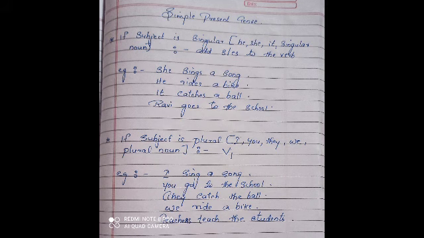Subject plus V1, and if the subject is singular, add s or es to the verb. The singular subjects are he, she, it, singular noun. And if the subject is plural, we don't add s or es to the verb. We simply write the first form of the verb. The plural subjects are I, you, they, we, plural noun. Is it clear?